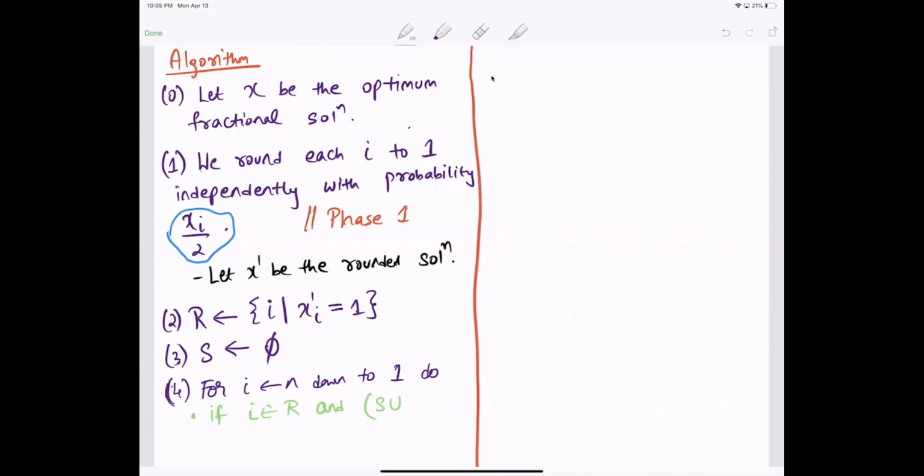So we look at the current status of S, and we see if we add this I to it, will this set be feasible? S union I is feasible. By feasible, we mean all the intervals in here are disjoint. If that's true, then just add it, you update S, right?